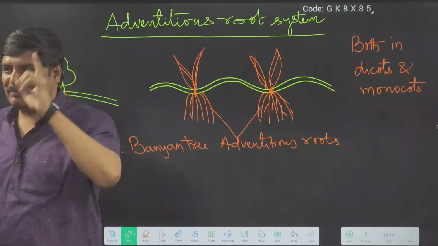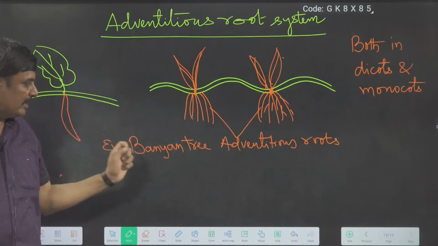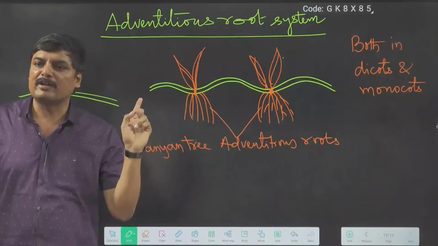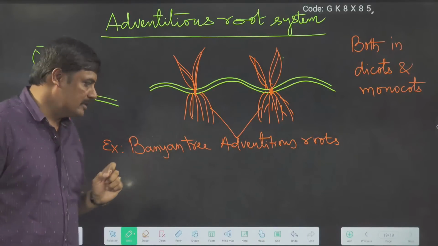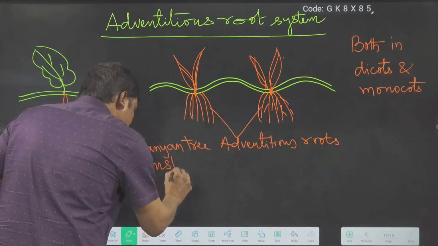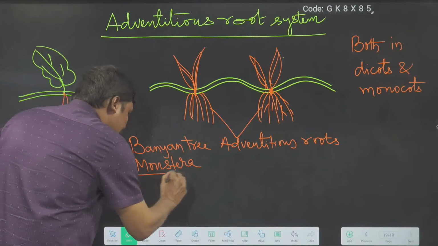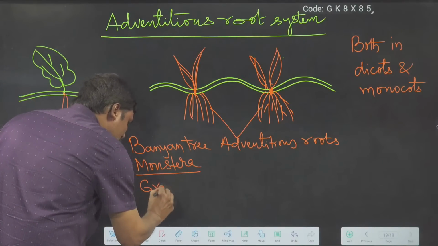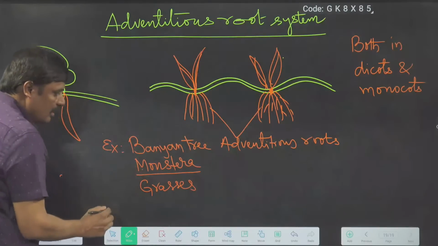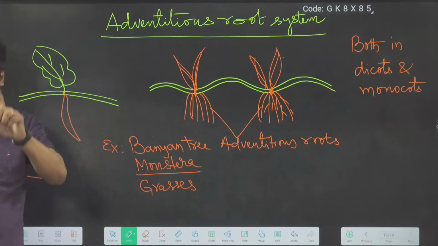For example, in banyan tree, there is a taproot system and also adventitious root system. And similarly, another plant called monstera. And similarly, grasses. In grasses, monstera, banyan tree, adventitious root system is present.